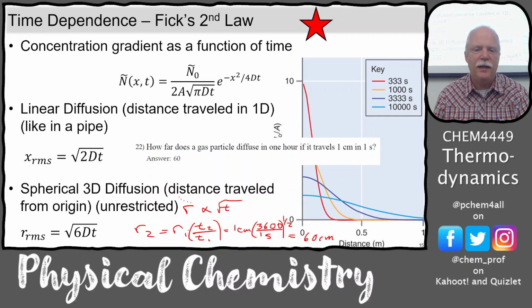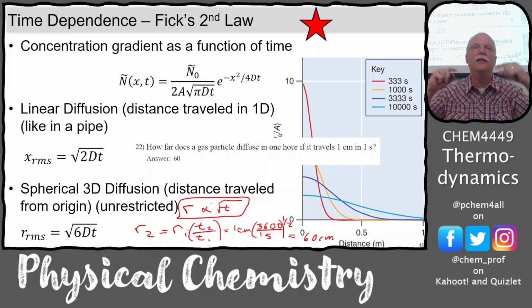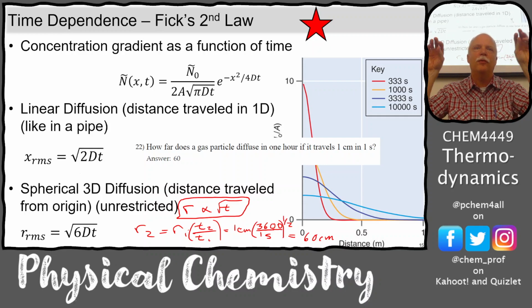So once you find this, I guess this is, again, the take-home lesson in all of these equations, is once you find a proportionality, then doing case 1, case 2 always works. And you can not worry about what the diffusion constant is or the coefficient of 6 or 2 or anything like that, because if those things haven't changed, you're just looking at the proportionality.